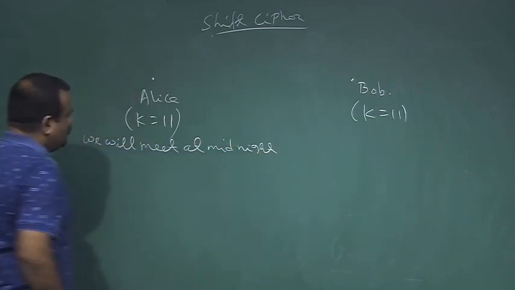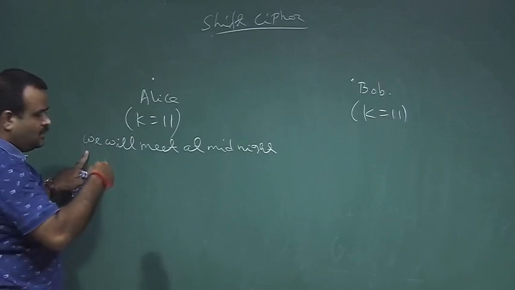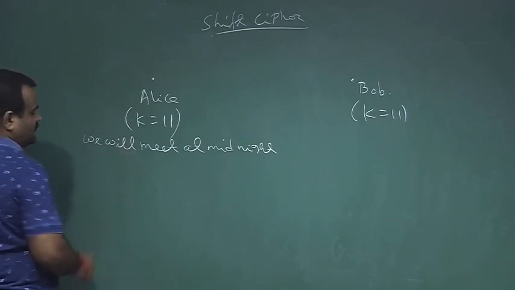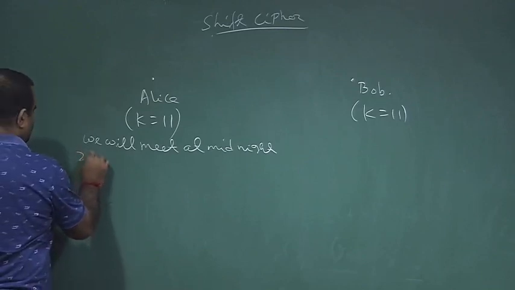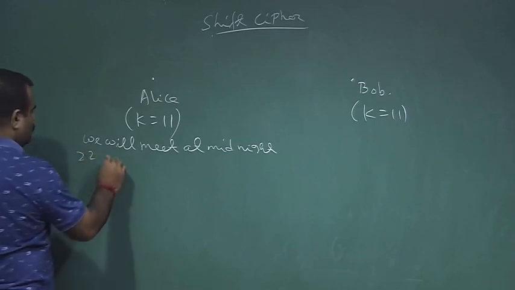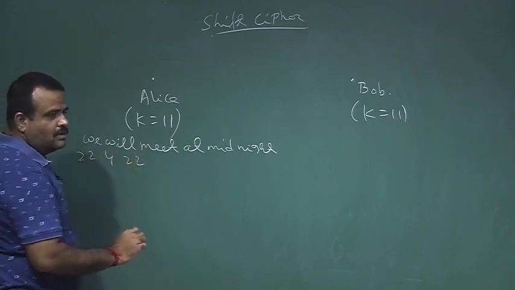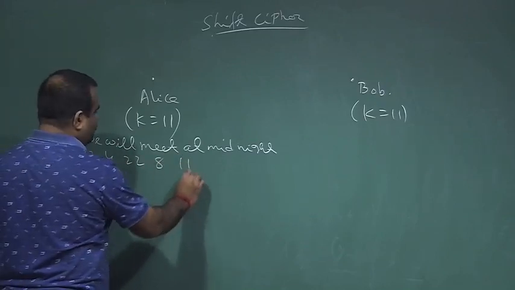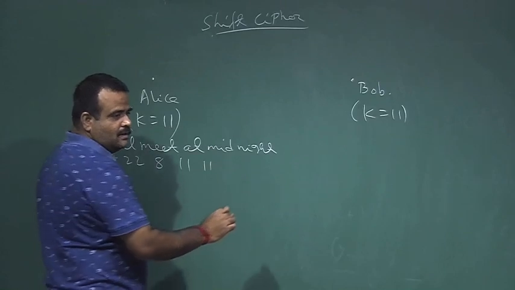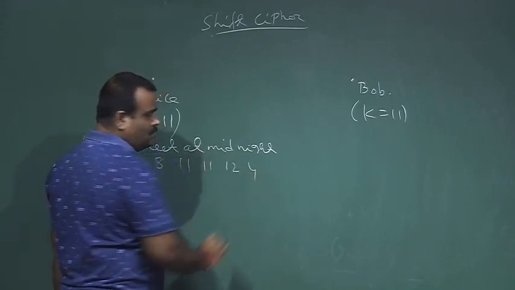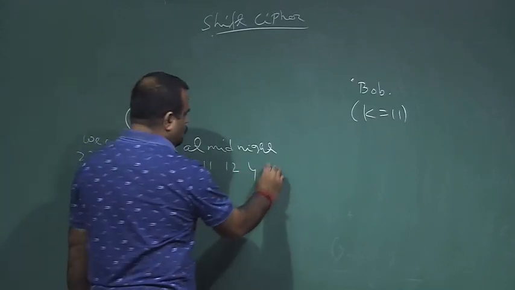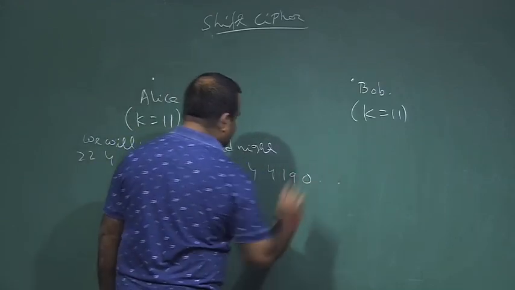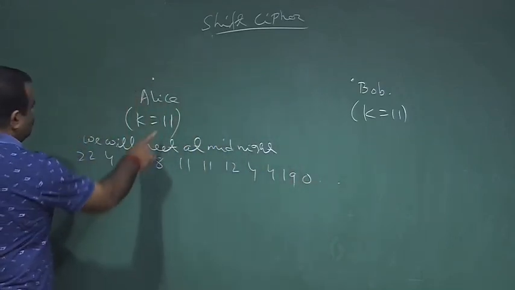If we follow the one-to-one correspondence between the alphabets and Z26, we have 22, 4, 22, then 8, 11, 11, then 12, 4, 4, 19, 0 like this. Okay. So, now the key is 11.